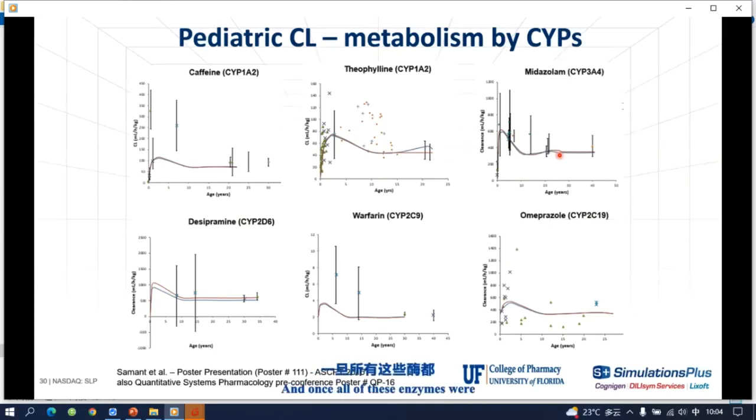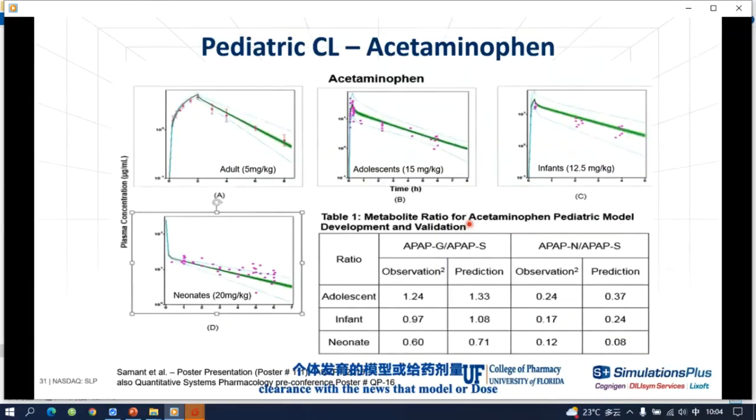And once all of these enzymes were calibrated and validated, verifying that the ontogenies are actually predictive of the in vivo clearance, we then used those ontogenies to predict the clearance for acetaminophen, which is metabolized by several different enzymes.